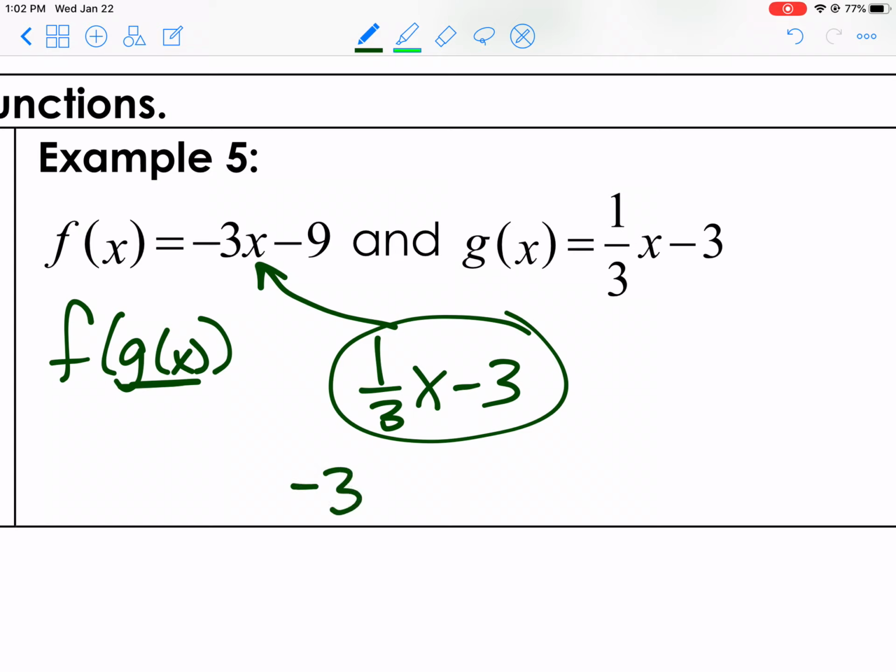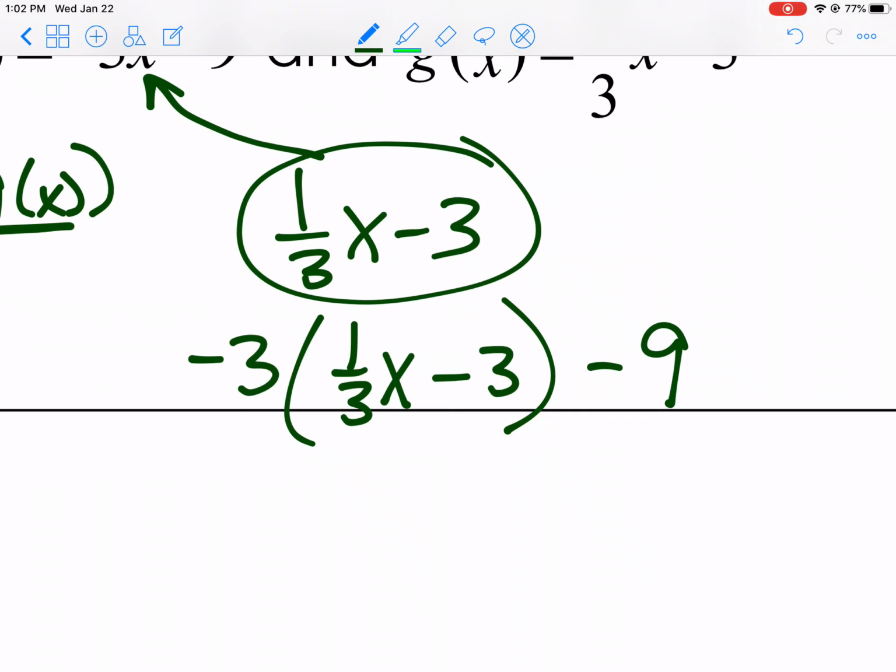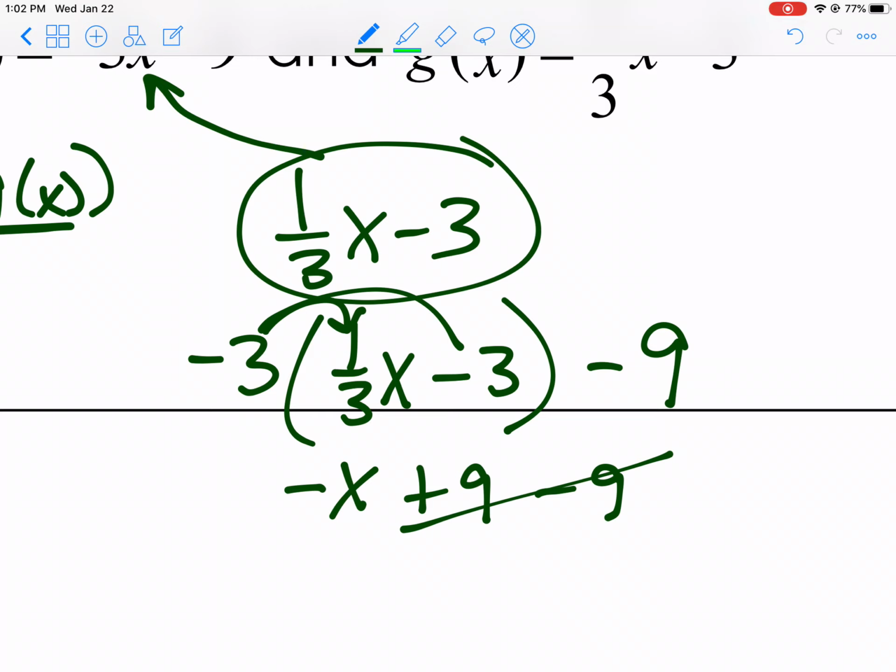So we have negative 3 times (1/3 x minus 3) minus 9. Negative 3 times 1/3 is negative 1x. Negative 3 times negative 3 is 9. And then we have minus 9 out there. Those two are 0, but I'm not left with just x, I'm left with negative x. So that means no, these are not inverses.